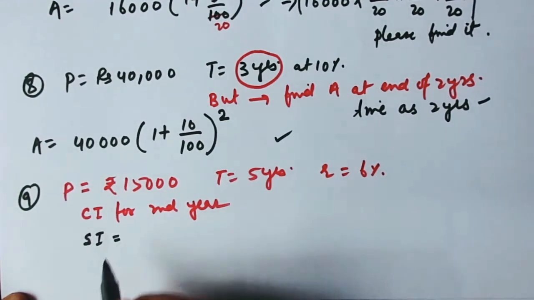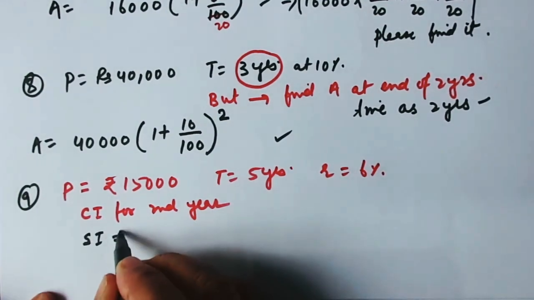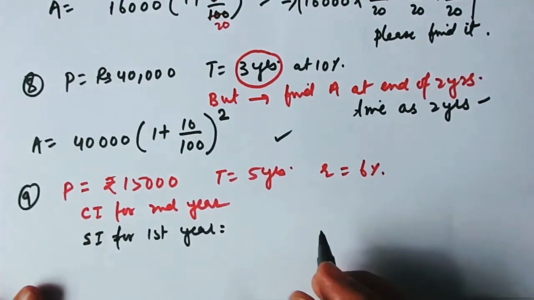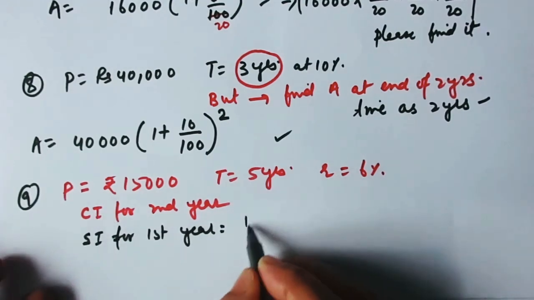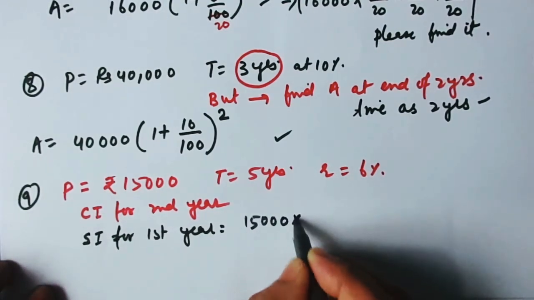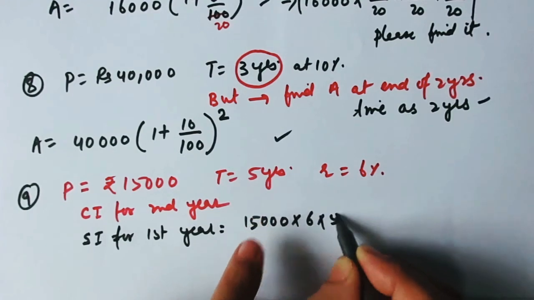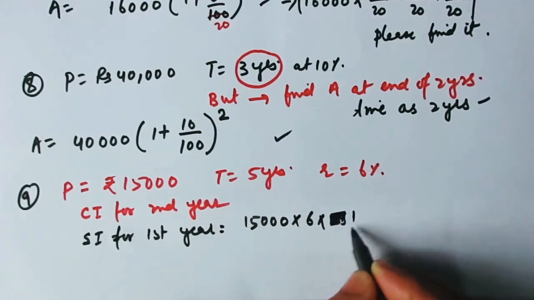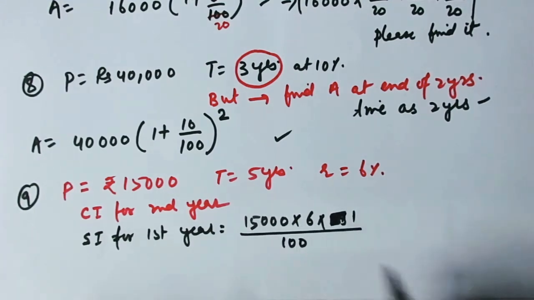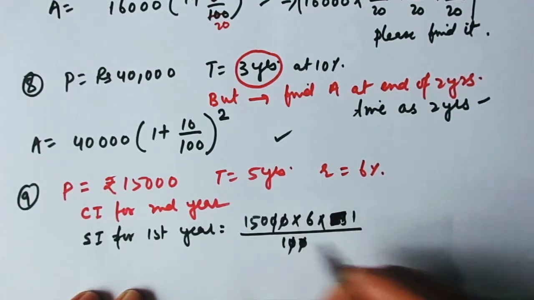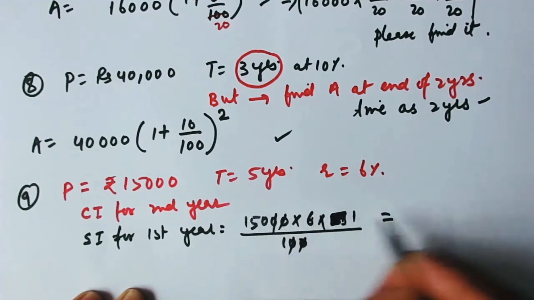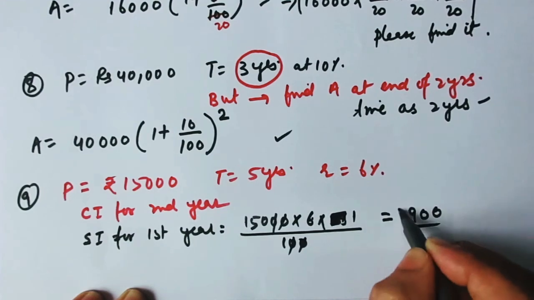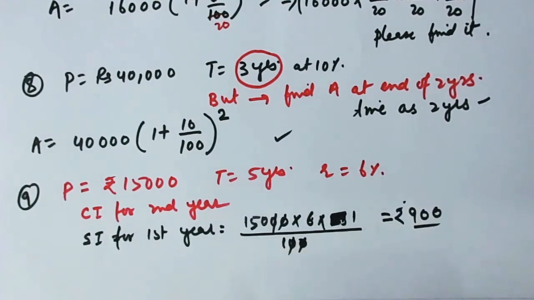Simple interest for the first year will be equal to PRT by 100. 6 fives are 30, 15 sixes are 90. Okay, 900 rupees. 900 is the simple interest for the first year.